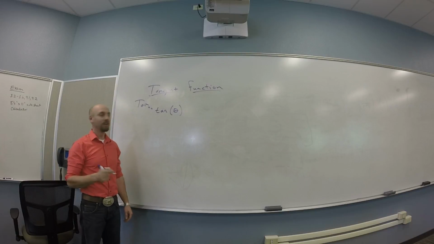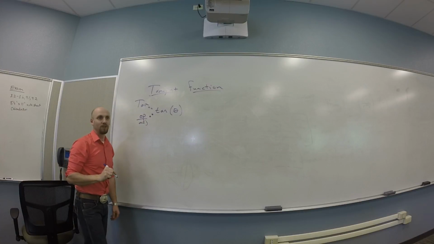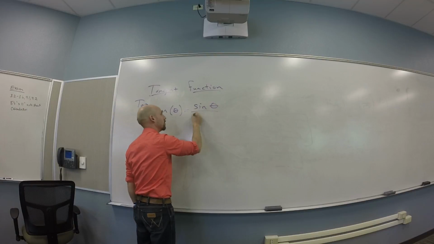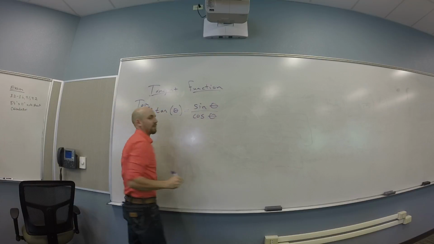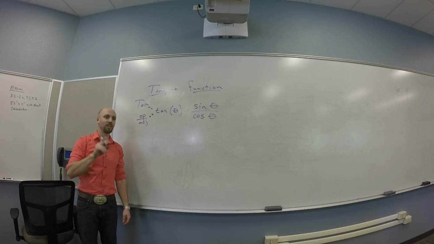So you should really be thinking tangent is the opposite over the adjacent. Or just sine over cosine. Or sine of theta over cosine of theta. That's how we do ratio of ratios.